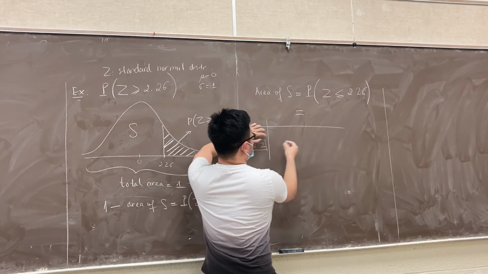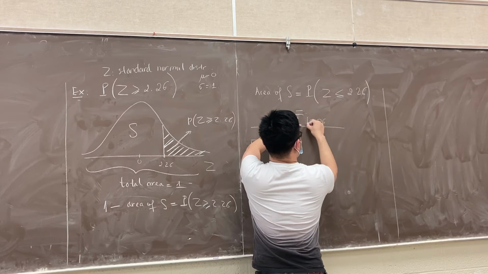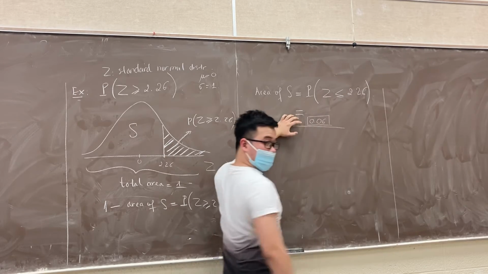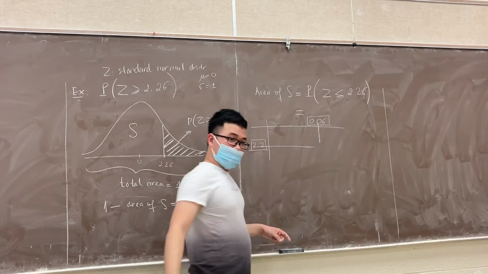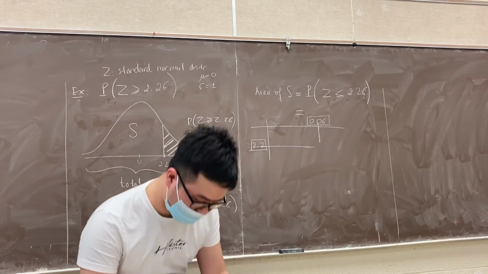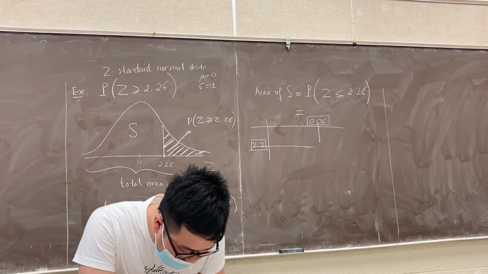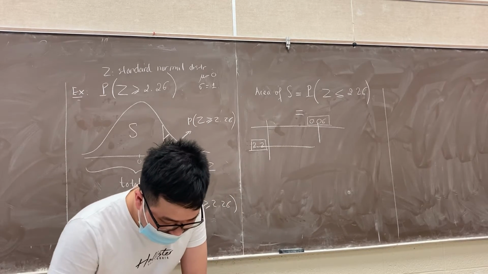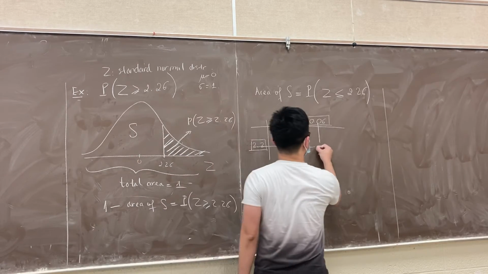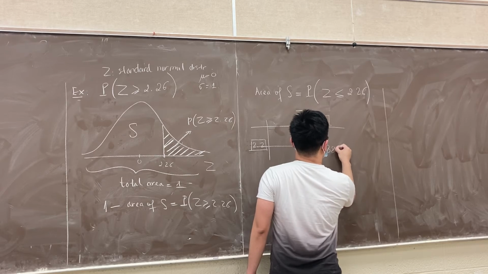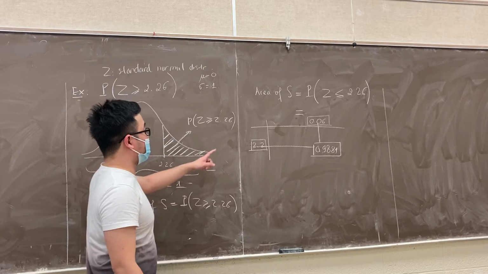And you look at the column 0.06, right? And after that you make the intersection. Basically, the answer here is 0.9881. That is the area of this guy.